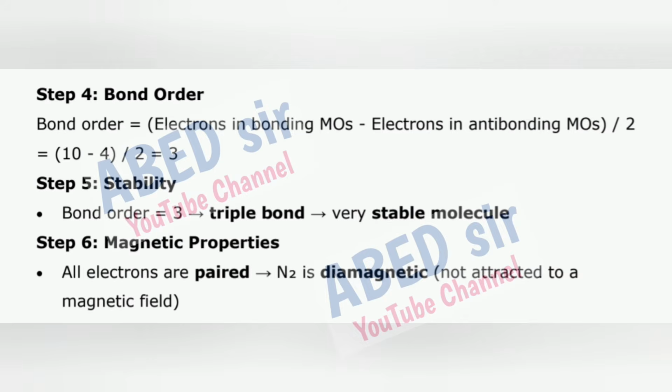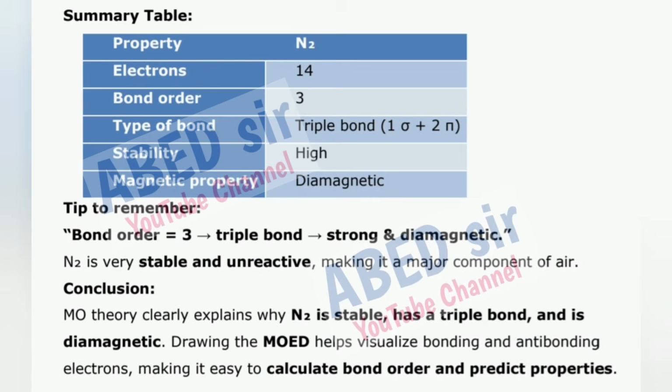All electrons are paired, so it is diamagnetic, not attracted to a magnetic field. Summary table: N2, electrons 14, bond order 3, triple bond, 1 sigma plus 2 pi, stability high, diamagnetic. Tip to remember: bond order 3, triple bond, strong and diamagnetic.